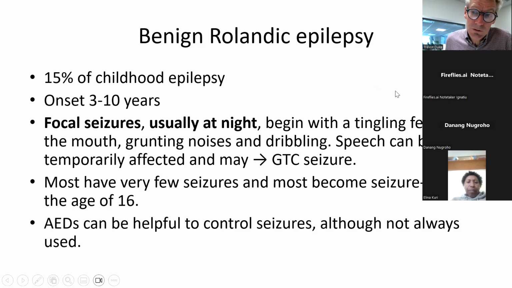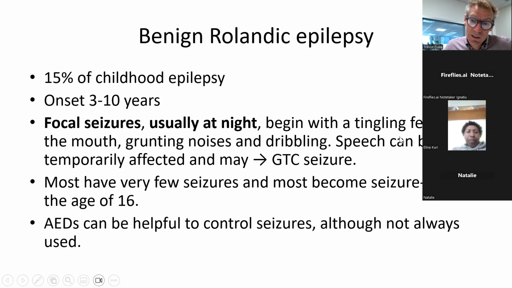So as pediatricians, we'll often see otherwise well children, there's nothing wrong with them, but they then start having focal seizures. And it's usually at night, often in the early hours of the morning, the parents will notice their child having a seizure. And it can begin in an older child with an aura, so a tingling in the mouth, or sometimes the parents hear a grunting noise.